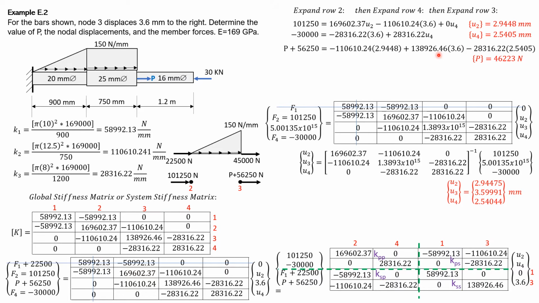There's no problem there, because even if the size of the matrix is large, you can still manage to solve for U2, U3, U4 after expansion if it involves three unknowns. So there's no problem as long as the number of unknowns after you expand the rows is three or less. That is still manageable.